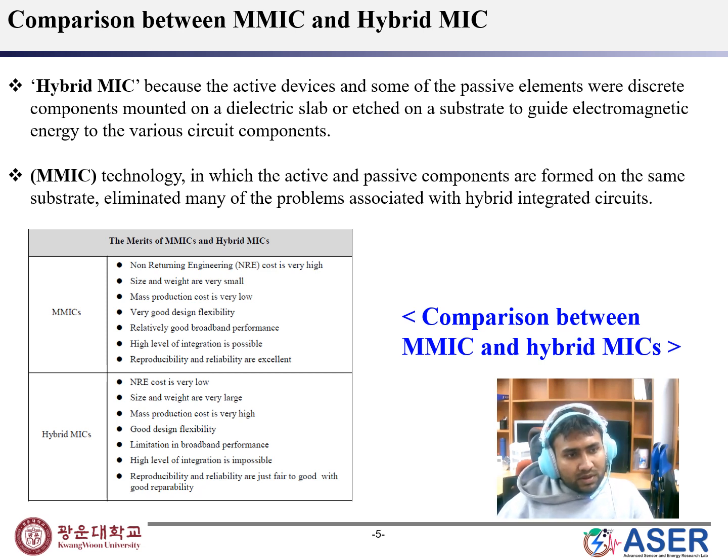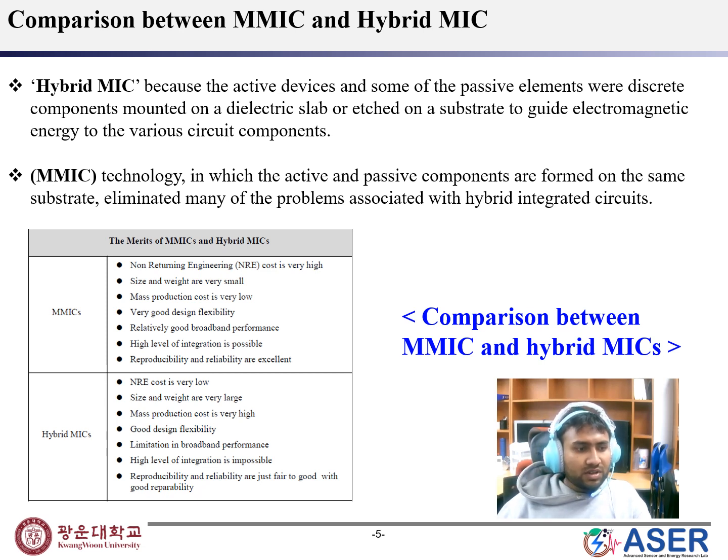Comparison of MMIC and hybrid MIC: the merits. For MMIC, the non-recurring engineering cost is very high. Size and weight are very small. Mass production cost is very low. Very good design flexibility, relatively good broadband performance, a high level of integration is possible, and reproducibility and reliability are excellent.